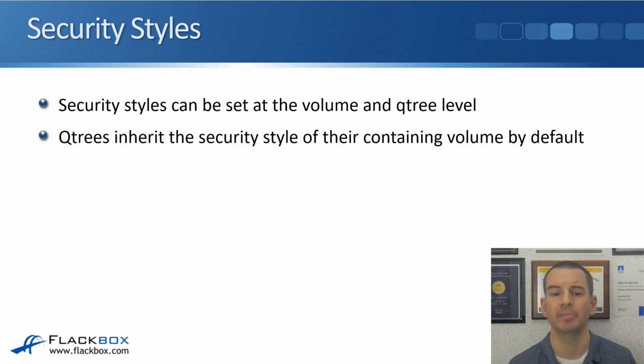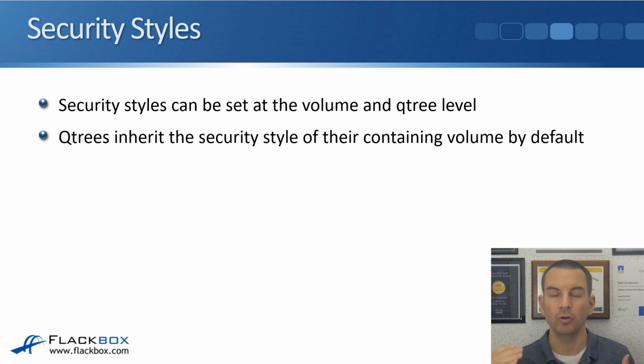The security styles can be set at the volume and at the qtree level. Qtrees inherit the security style of their containing volume by default. So when you first set up an SVM, you're also going to be creating the root volume, and the root volume is going to have a security style set on it.